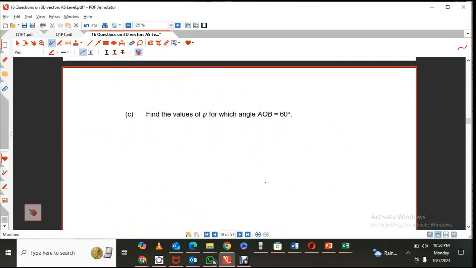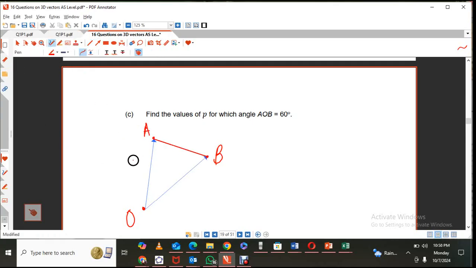Right, now they say find the values of p for which angle AOB is equal to something. So let me just sketch: this is O, and let's say that is A, and let's say that is our B there. So what we know is we have got OA, we have got OB. Okay, right, I'm just going to close this down.